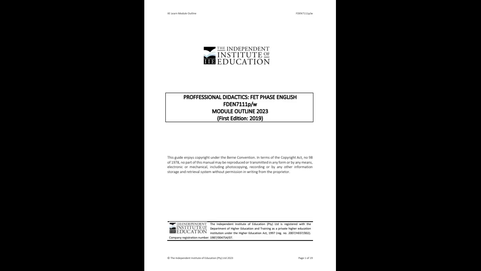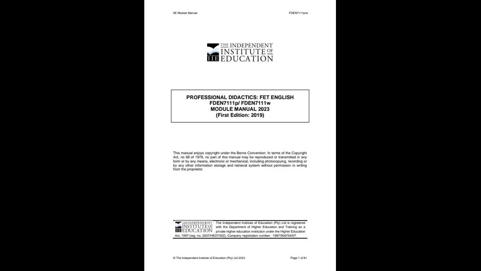So it's just a breakdown of the general overview of your course. Then we go on to the module manual. So this has the same front cover, but it does specify module manual. This is your primary resource.